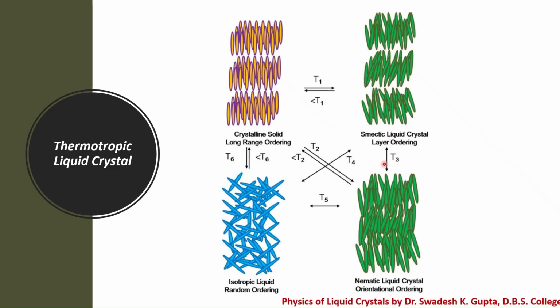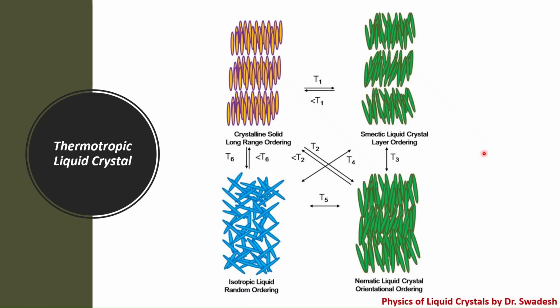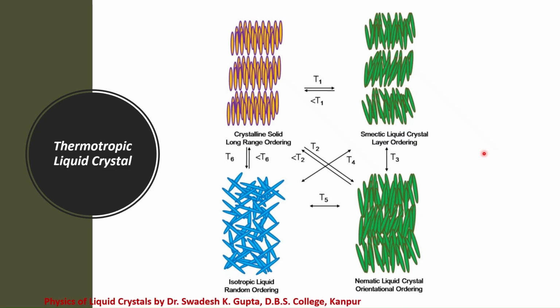A nematic phase can turn into a smectic phase, a smectic can turn into a nematic phase, and then nematic can turn into an isotropic phase when heating. So different phases appear in different materials. A single material cannot show all the phases, and not all the materials show the same kind of phases.